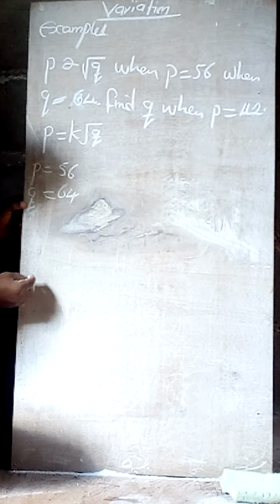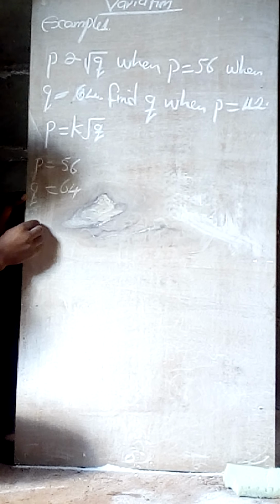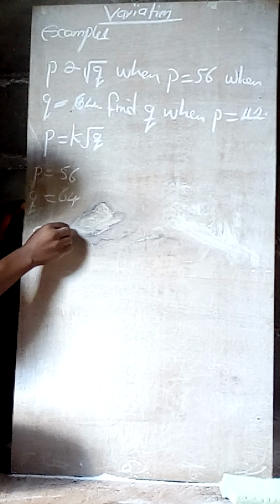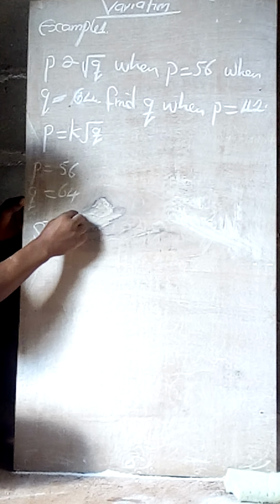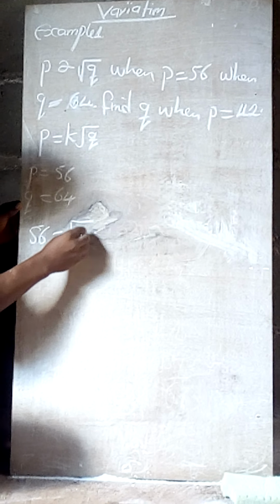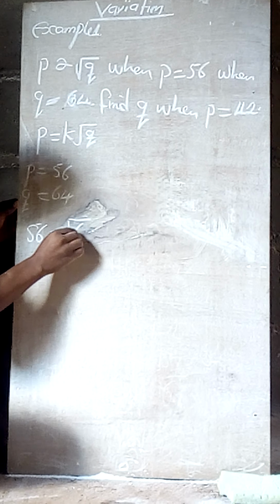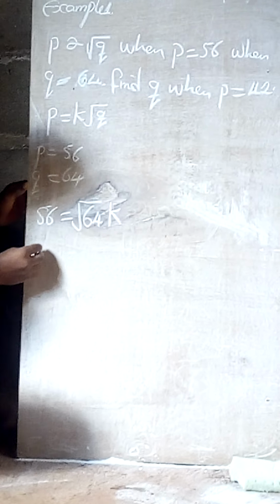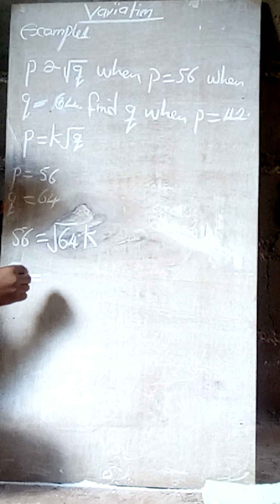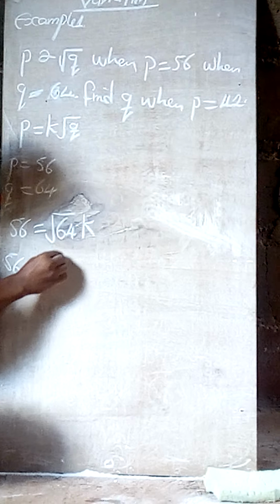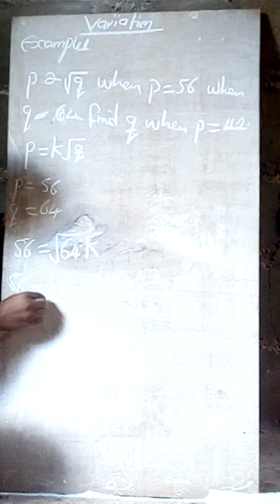Let's move into the formula immediately. We now have 56 equals K root 64. Now we move forward: the root of 64 is 8, right? So 56 equals 8K.